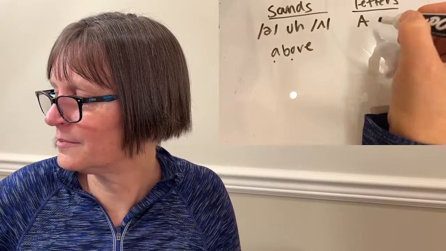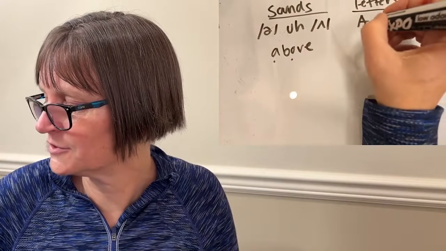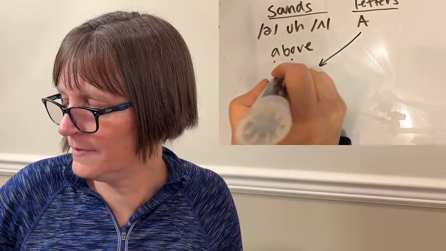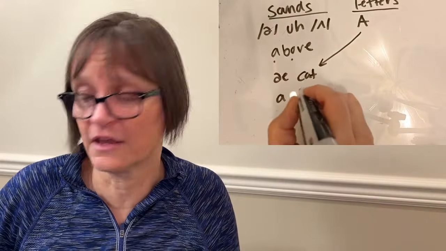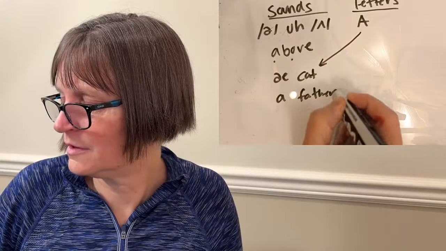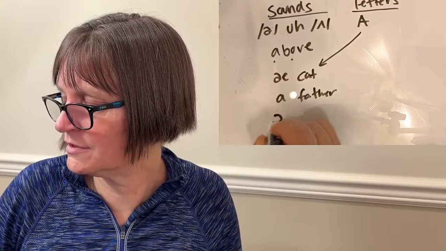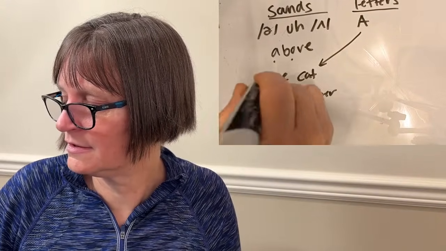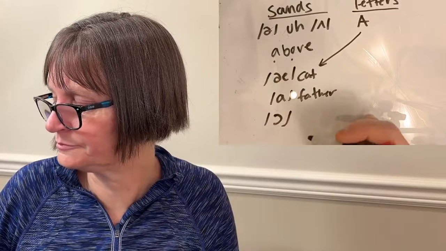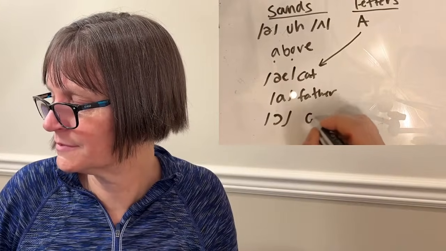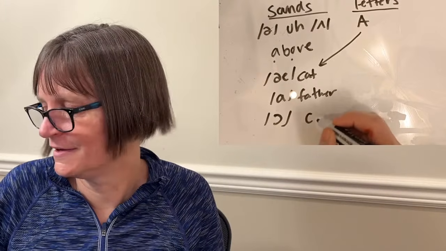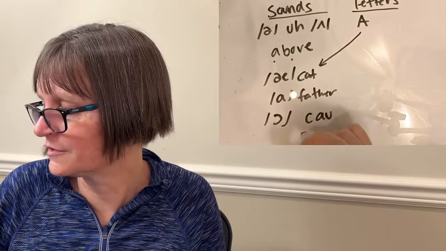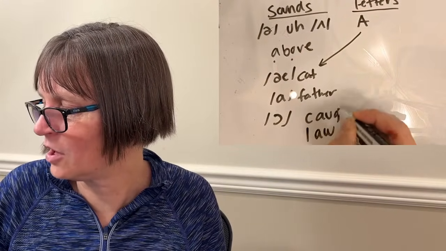The letter A can also be, for example, the "a" sound like in "cat," or the "ah" sound like in "father," the "aw" sound like in "caught," or I'm trying to think of one that's only spelled with letter A. "Law," for example, "caught" and "law."